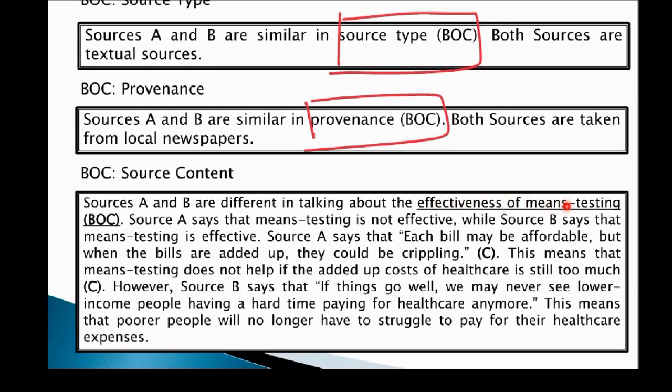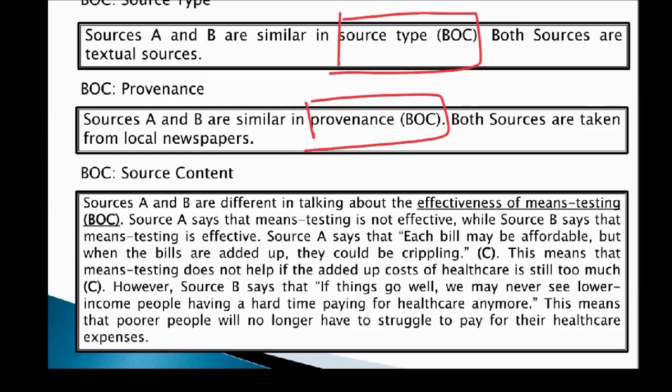You directly dive into the topic that you're talking about, the effectiveness of means testing. So you do not write sources A and B are different in talking about the source content. No. What is the source content that they are talking about? They're talking about the effectiveness of means testing. So you immediately put that inside.